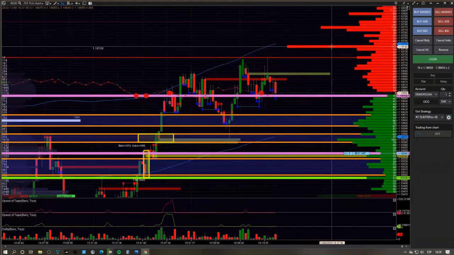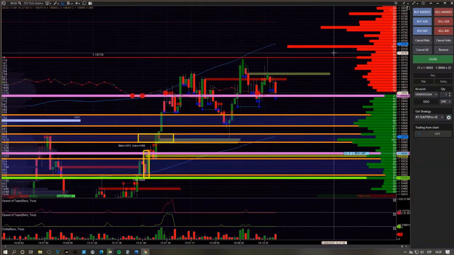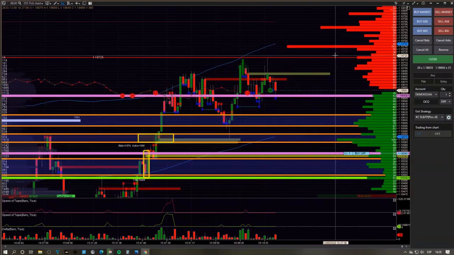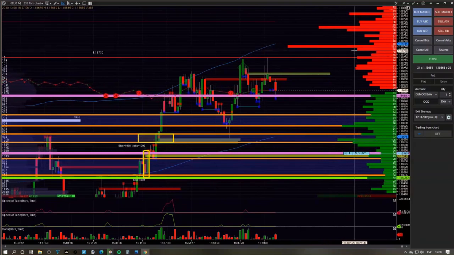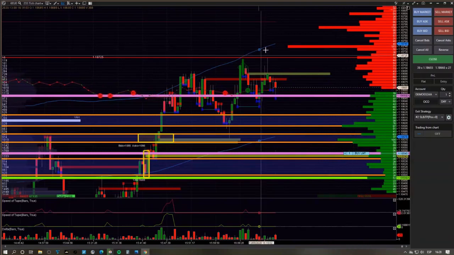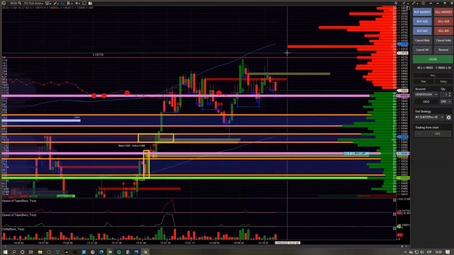I won't actually put my exit there. I will put it below that point, because I'm going to make sure that I get out of the market, with a profit or not. I want to put my exits just below what the market is telling me, just 1 or 2 ticks below.